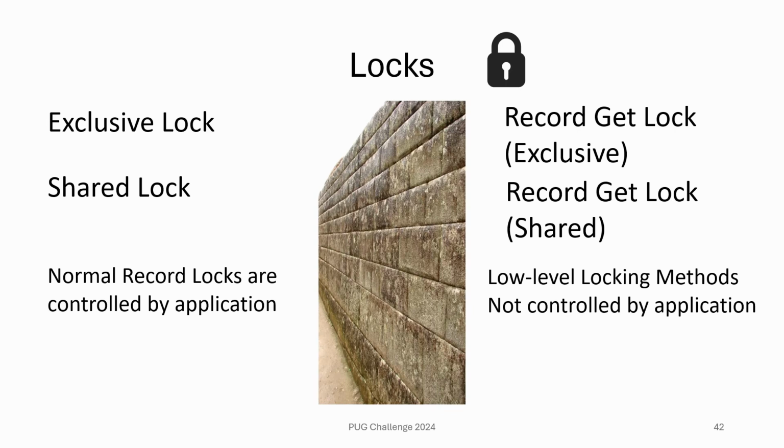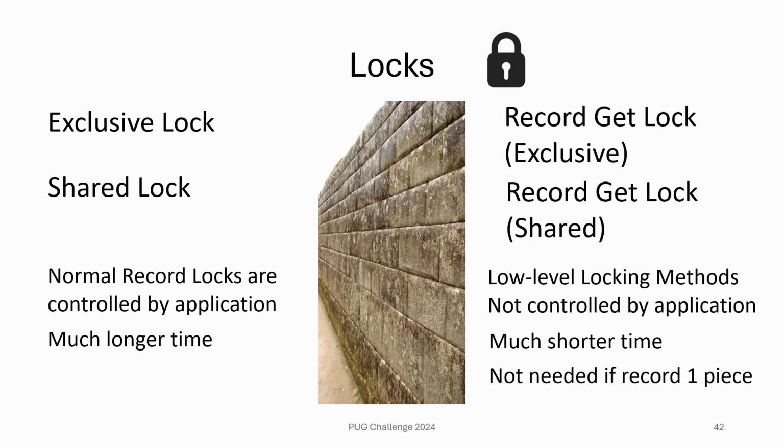Unlike those, the low-level locking methods are not controlled by your application at all. The exclusive and shared locks exist for a much longer time, while these locks are very short-lived. And finally, these locks are not needed if the record is in one piece.